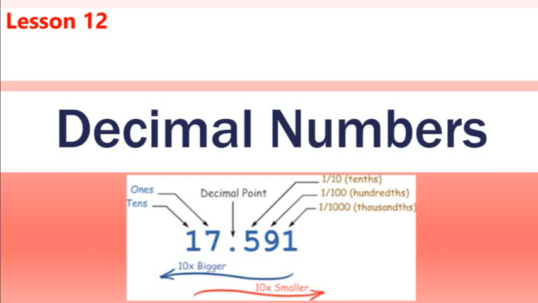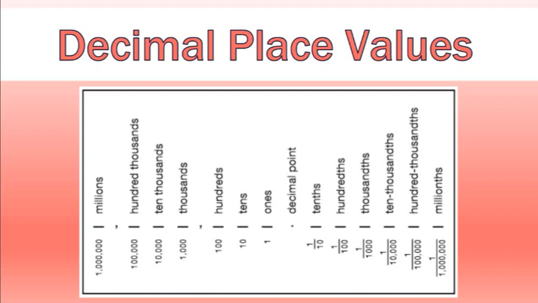Lesson 12, decimal numbers. Today we're going to review our decimal place values. So here in the picture you can see we have our decimal right here. That's our decimal point. And going to the left we have our ones place, our tens place, our hundreds place, our thousands, 10,000s, and so on.